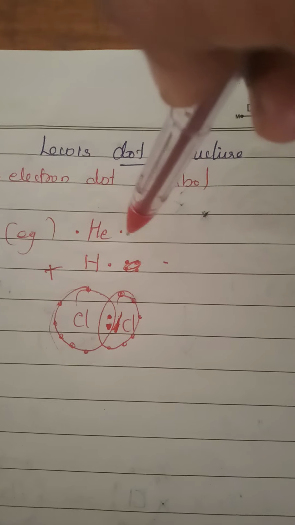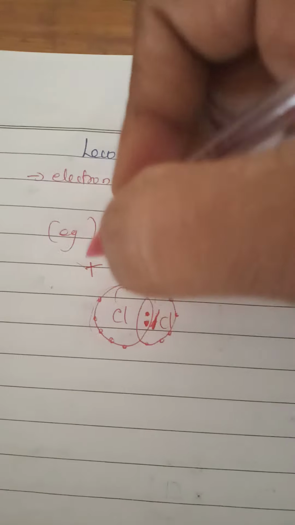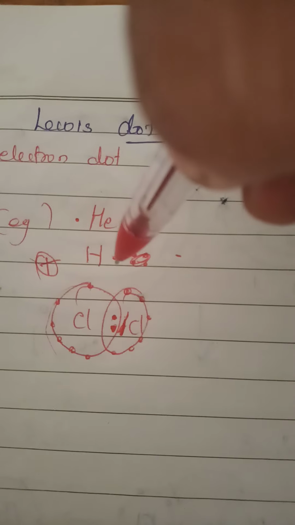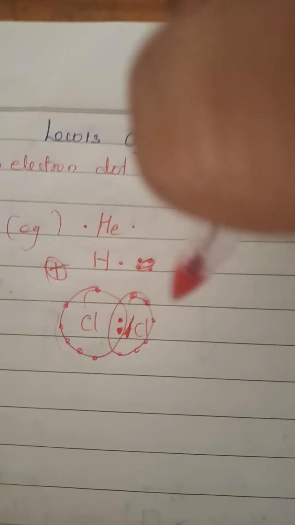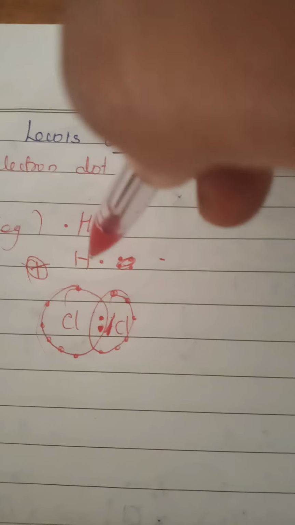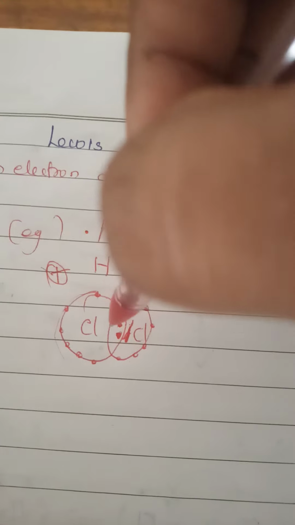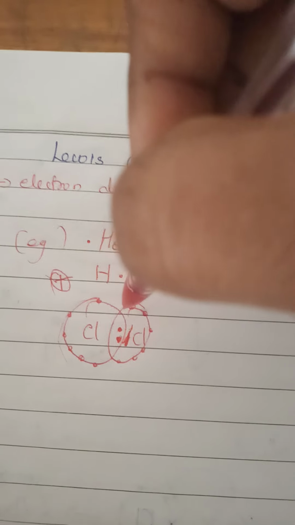Other than dots, we can also use crosses or circles to differentiate the valence electrons from other electrons. A single, unpaired electron means a single dot. If it combines with another, two dots. Paired electrons are represented by a pair of dots, a double dot.